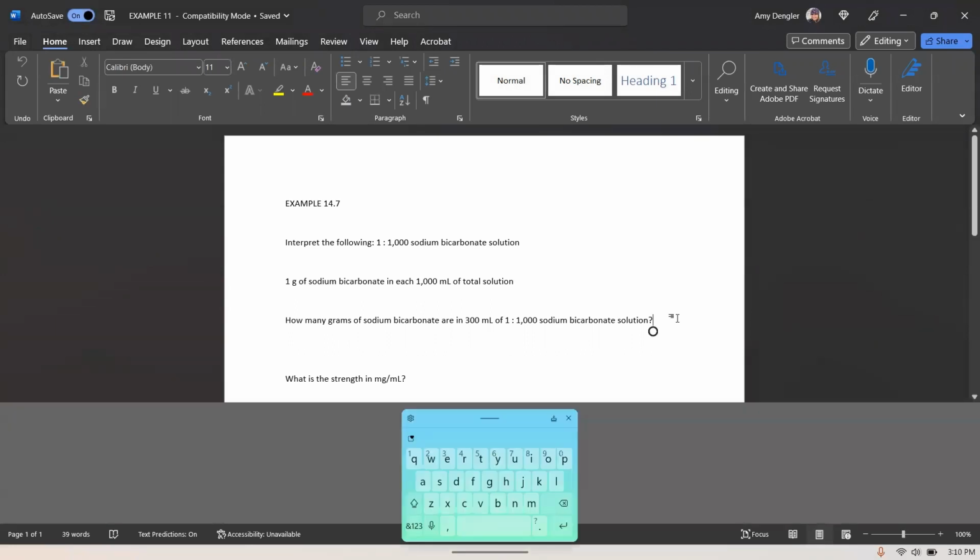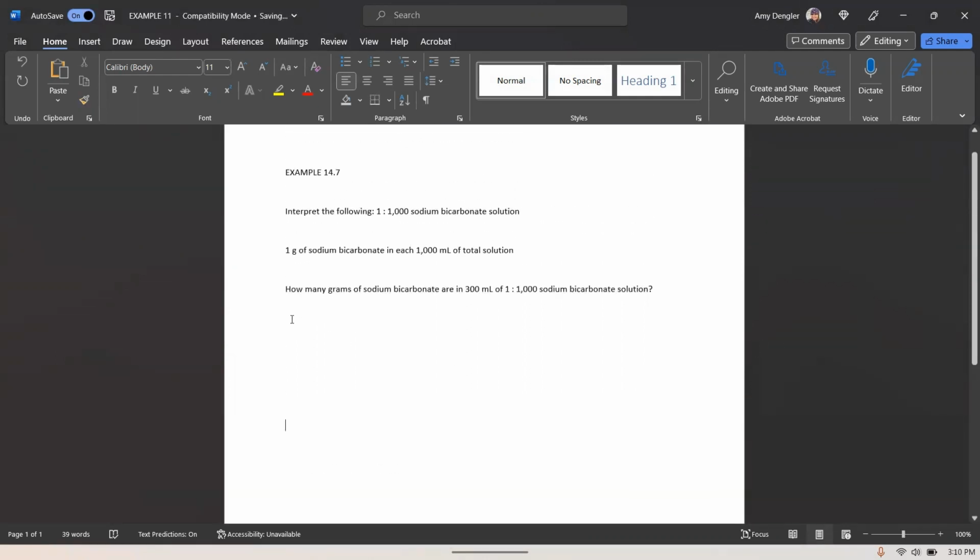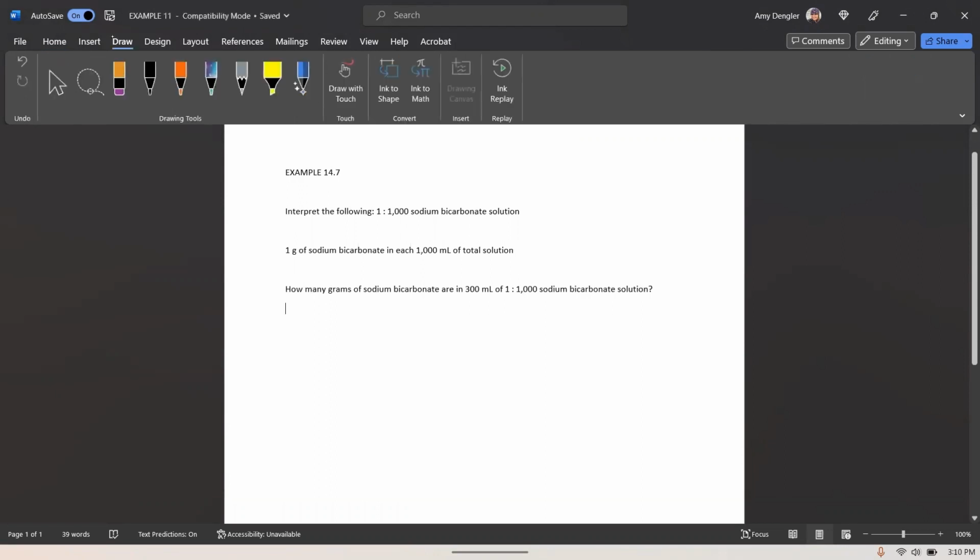So now we can do our math. Okay. So we're gonna use that ratio, which gave us basically the strength, 1 gram over 1000 ml. And we want to know how many grams, so X grams are in 300 ml.